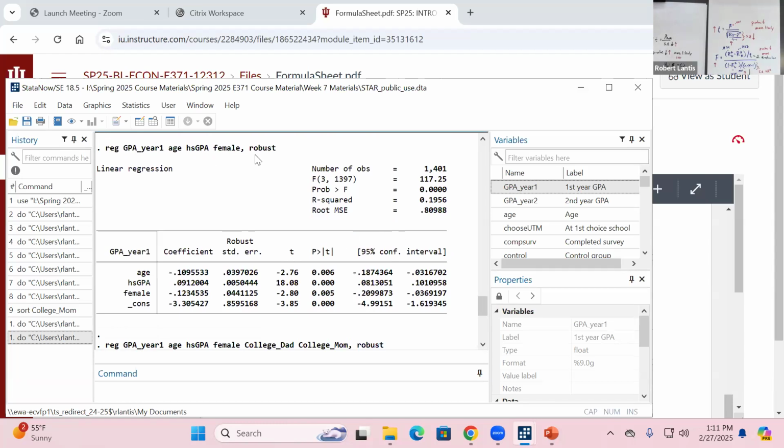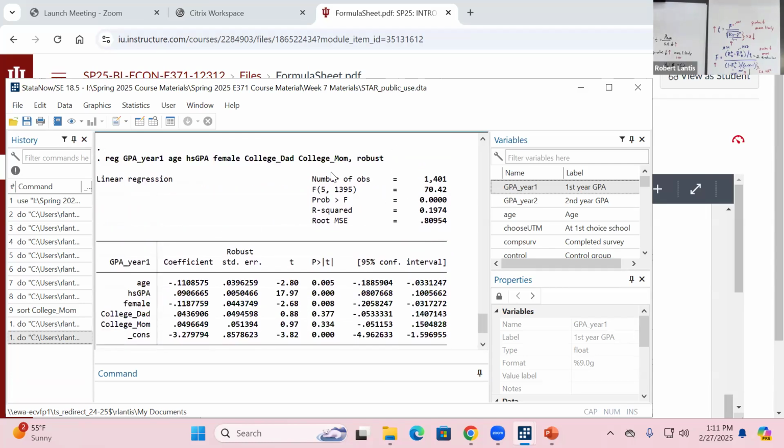So my model where I don't include those parent college variables is my restricted model, and there's my R squared from that model. What's the R squared from the unrestricted model, where I include those variables? Right here, that's where I'm getting those values. I would do something similar to this, where I give you 2 regression outputs. They have the same variables initially, but in one of them I include some additional variables, or have restrictions.